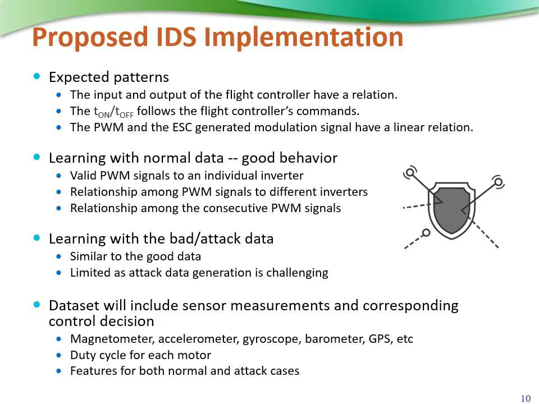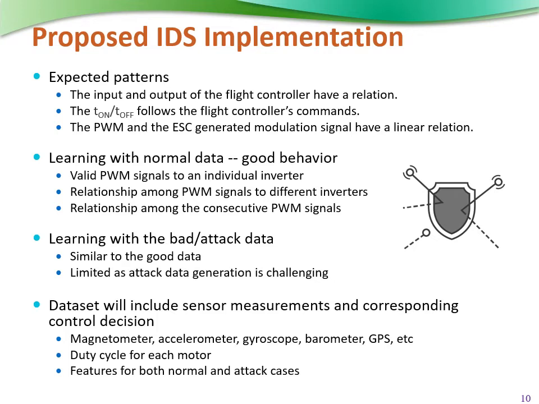We will learn using the normal data, and if we consider PWM signals, we can talk about three different kinds of data sets, three different kinds of training. The first kind can be the valid PWM signals. The second one, the relationship between PWM signals to different inverters, that is different motors.